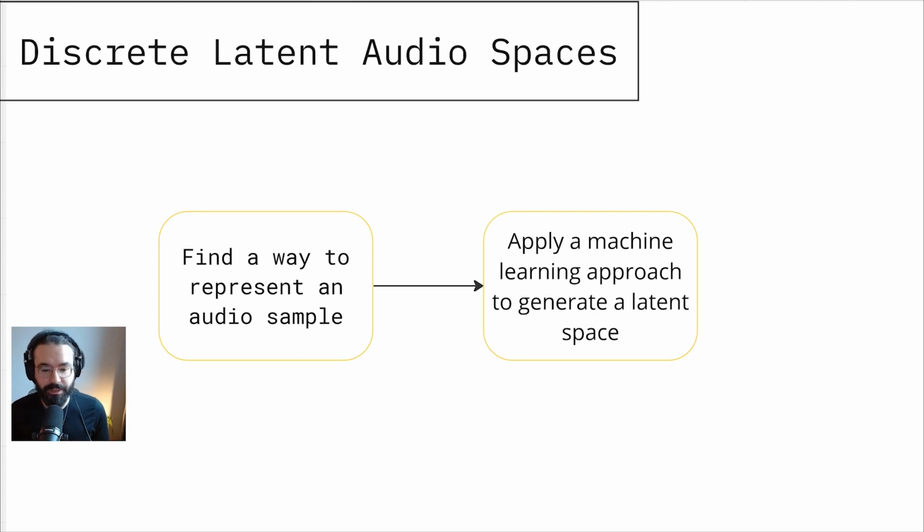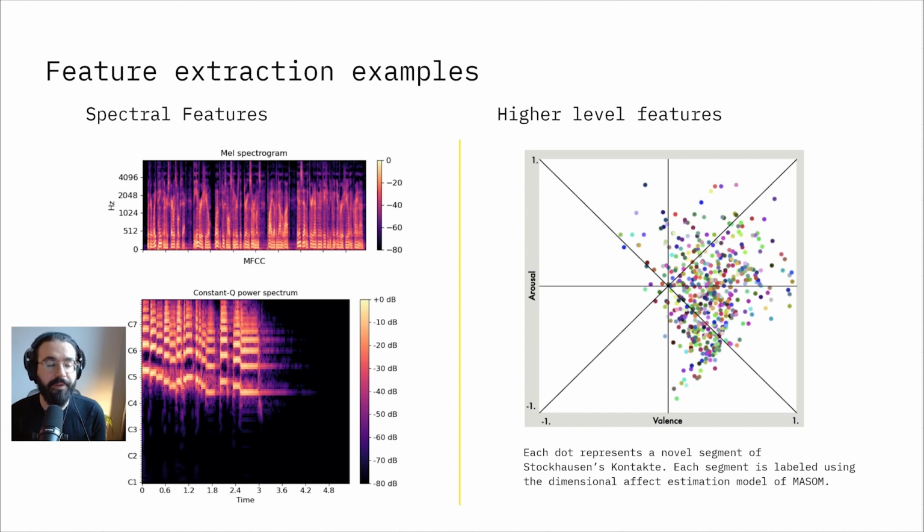So what we are going to do is what we call feature extraction. And there are a variety of ways to extract features from an audio signal. For example, we could extract spectral features. There are quite different types of spectral features, but in two categories we can cluster them.